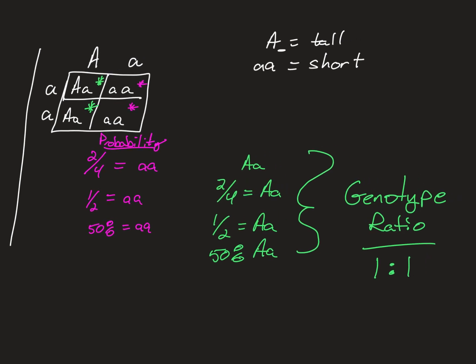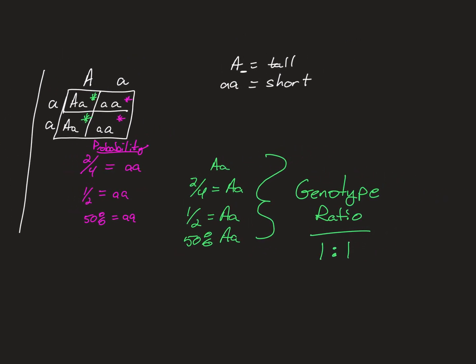So then if I wanted a phenotypic ratio, what is this phenotypic ratio that I have here? That's right. The phenotypic ratio would be how many tall for every short. And what is it? For every one tall, I have how many short? 1.